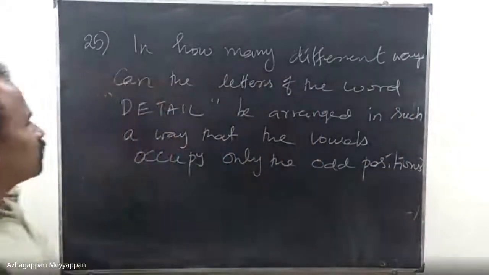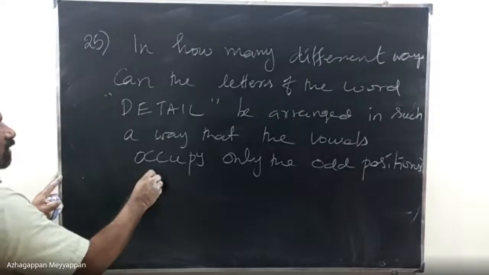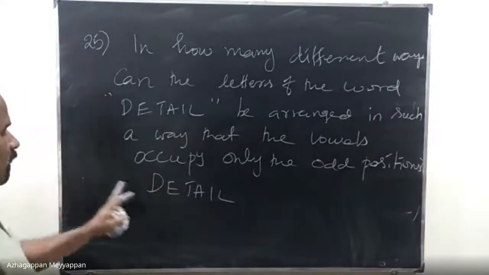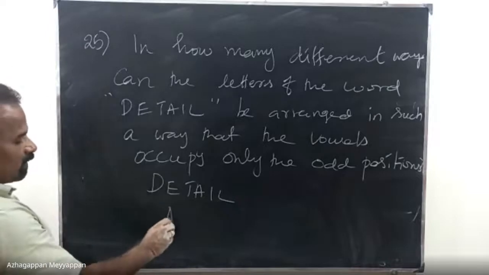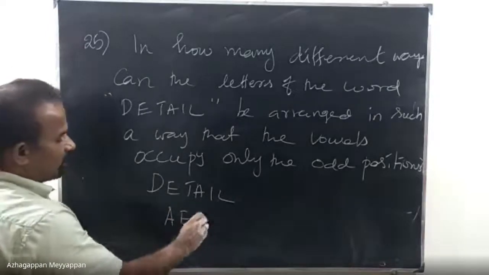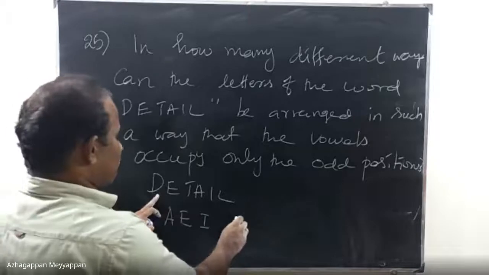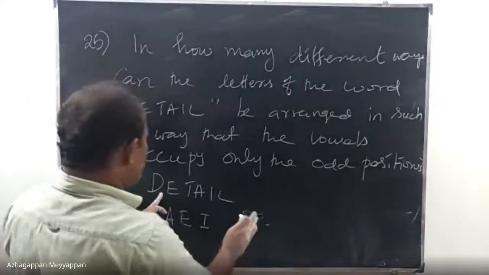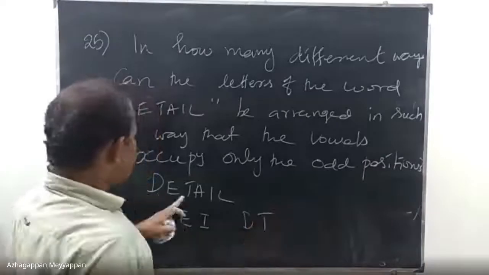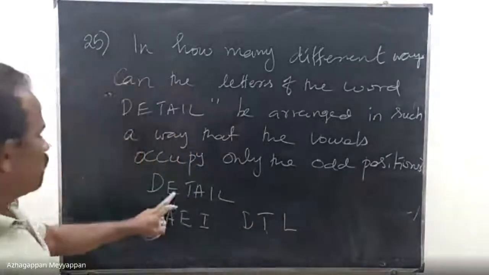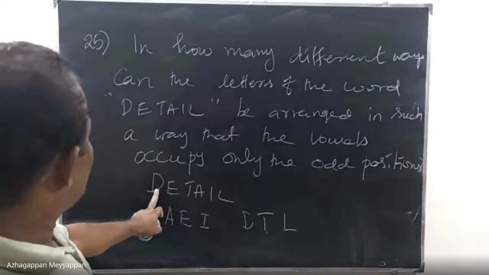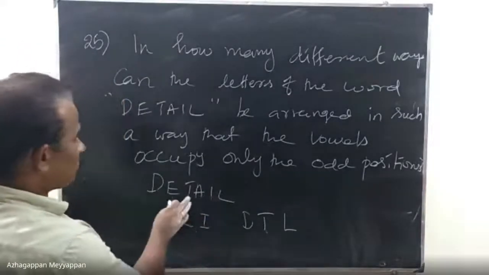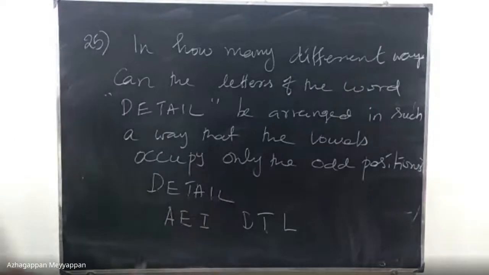Vowels occupy odd positions. So in the word DETAIL, there are three vowels: A, E, I, and three consonants: D, T, L. The letters are totally 6 letters.